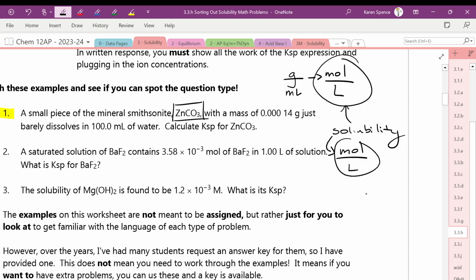That would be your solubility. KSP would equal 4x cubed. If this were multiple choice, you could go straight to that. Can you do that in the written response? No, you have to show the C and the KSP expression and then show shoving those things in. Okay.